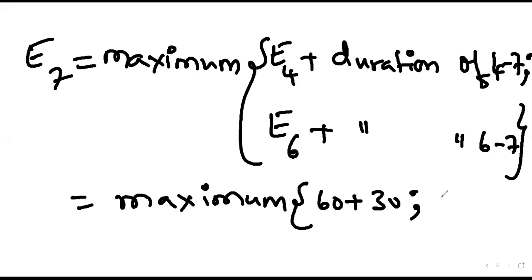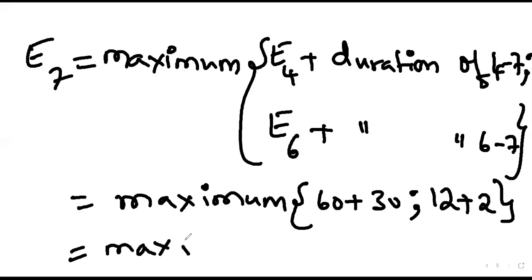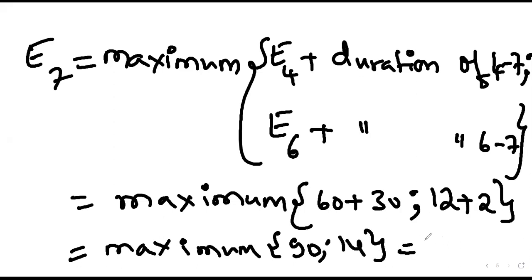And E6 is 12 plus 2. So which is maximum? 90, 14. So what should be the answer here? 90. Is it right? So this should be the answer.